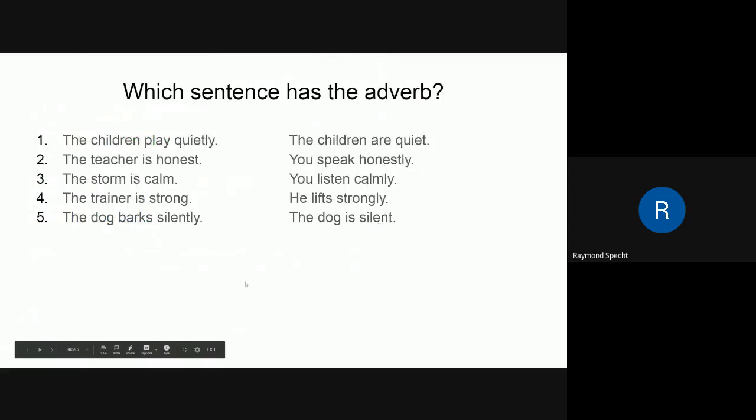Let's take a look at our next slide here. You're going to decide which sentence has the adverb. So you guys take 3 minutes, look through this, read all these sentences to yourself, and decide which sentence has the adverb.